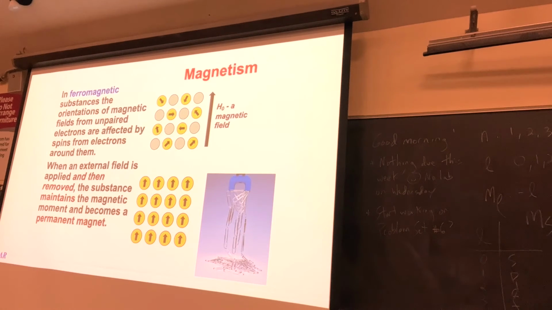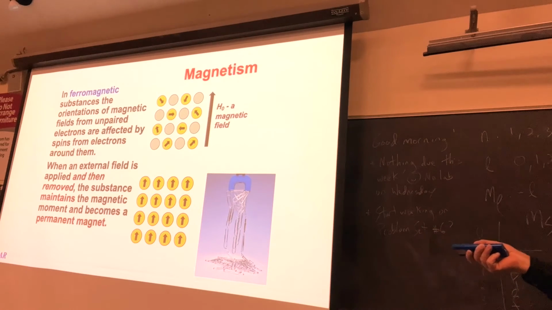Instead of having all the ups and downs, left, right, up, down, all of a sudden they're all aligned like troops in an army. And if they're all aligned, that makes for a very, very strong magnetism. So if you've ever played with a true magnet, those are ferromagnetic. They're not just paramagnetic, but it's like every one of those individual paramagnetics all aligned in the same direction. So you have a really strong substance.